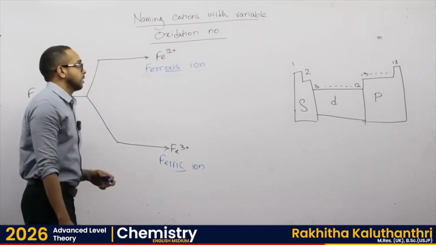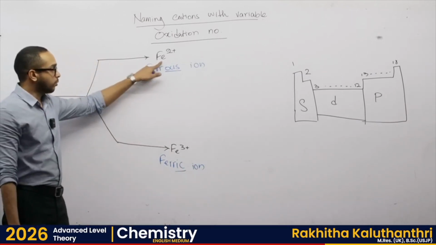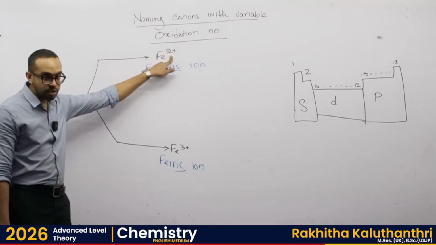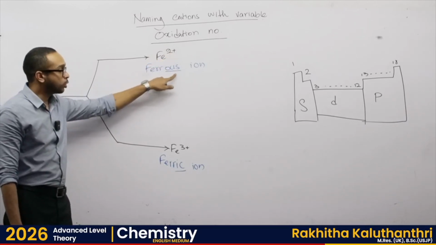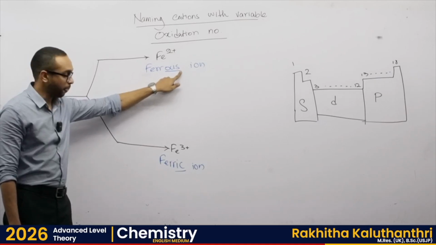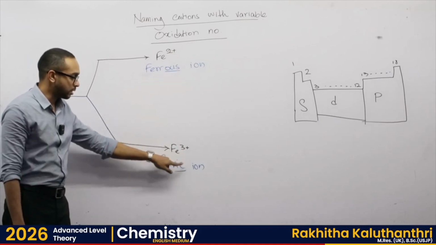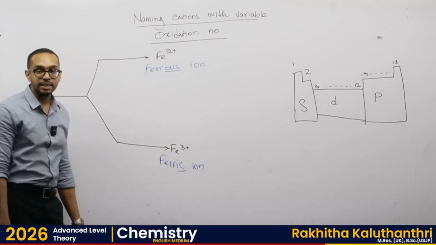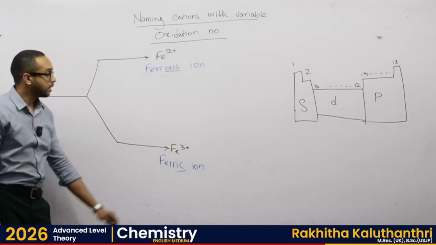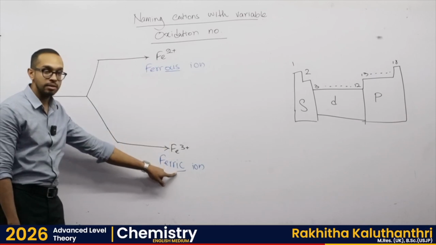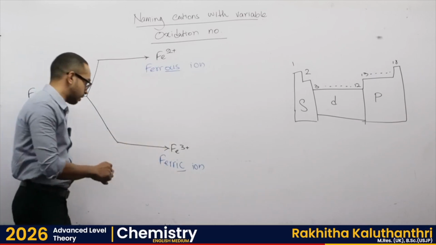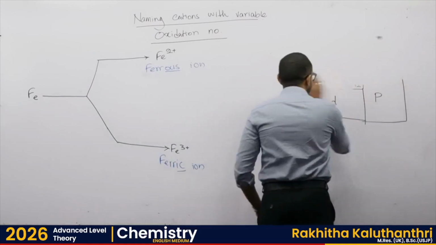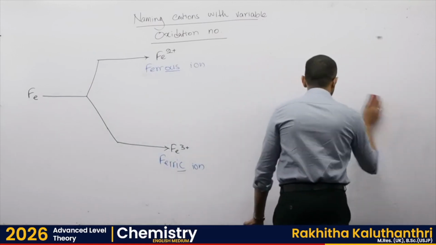So do you see, the one with the low oxidation number or lower charge ends with OUS, and the one with the high oxidation number or higher charge ends with IC? This one is OUS, this is IC. So whenever you have different metals forming two different oxidation numbers like that, their names end in that particular manner.